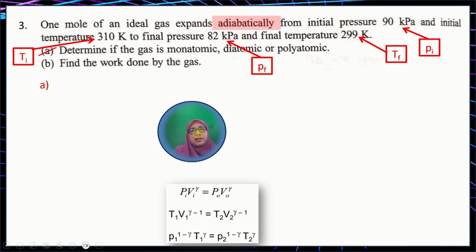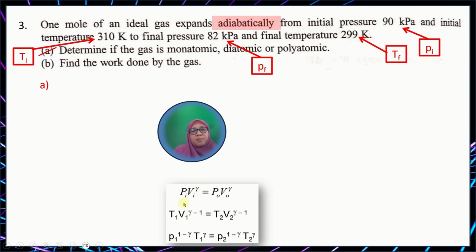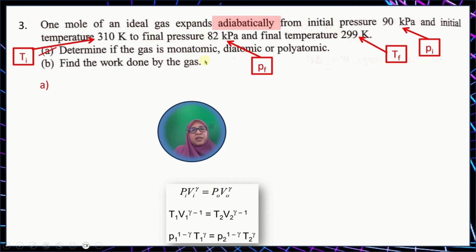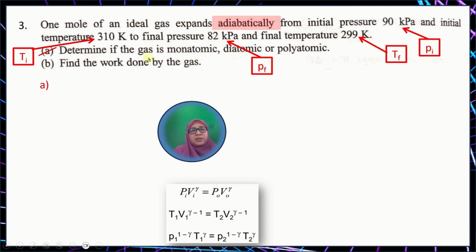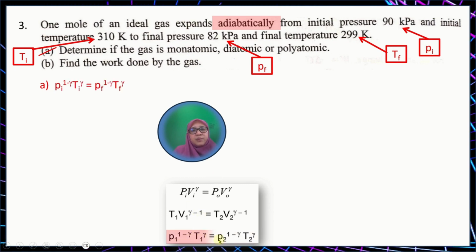Because this is adiabatic, we can find gamma using the three equations here. Choose the one that fits the information we have. Volume we don't have, so we use the last equation here.